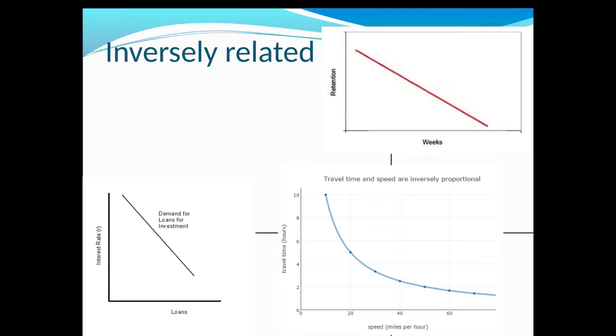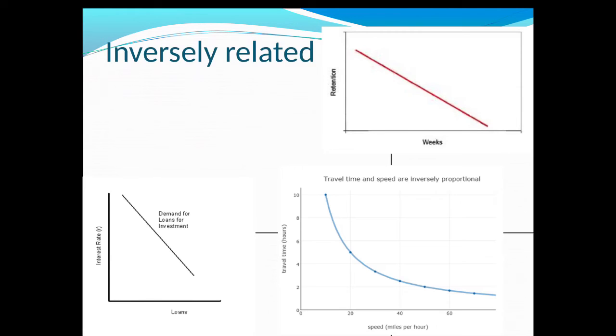So on the left, we have a more econ example. If the interest rate of loans goes down, then the number of loans applied for is going to go up. If the interest rate goes down, more people are going to want to buy houses. On the right side, you have retention and weeks. The more time that passes by, the more weeks that pass, the less you're going to remember, right, if you're not practicing.